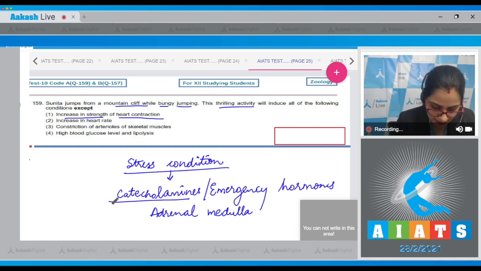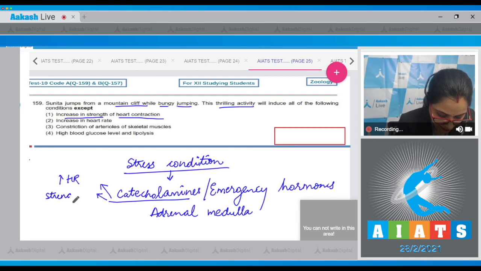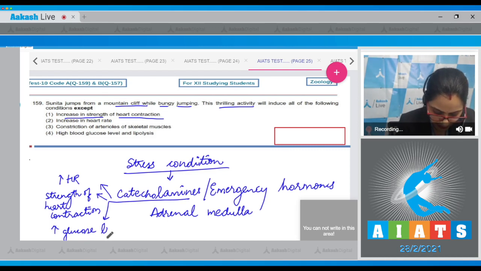As catecholamines, they increase heart rate, they increase the speed of conduction as well as strength of heart contraction, and high blood glucose level. So option number 1 is correct with respect to catecholamines, so cannot be a correct answer. Option number 2, increase in heart rate, is also correct, so cannot be a correct answer.